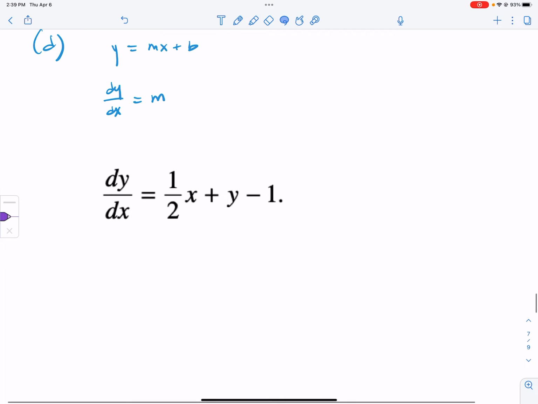Okay, so then if we were to, in our differential equation, would that be helpful to us?